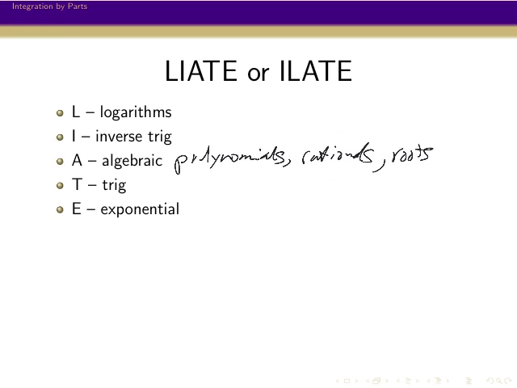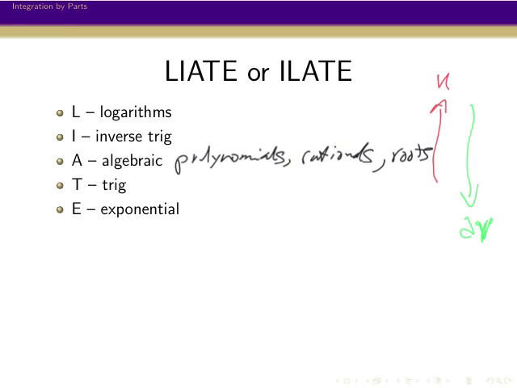And so the idea here of the LIATE or ILATE is that the higher up ones, these are going to be your u's. The lower down ones, or the ones that are later in the word, this is how you're going to pick your dv.